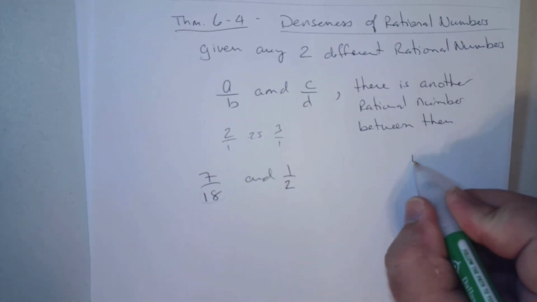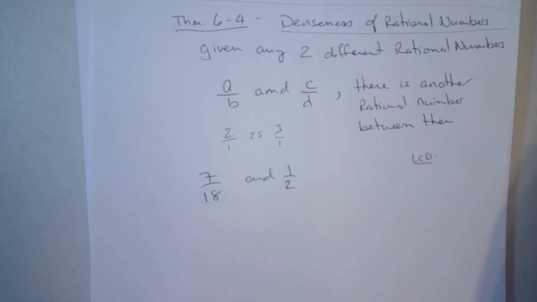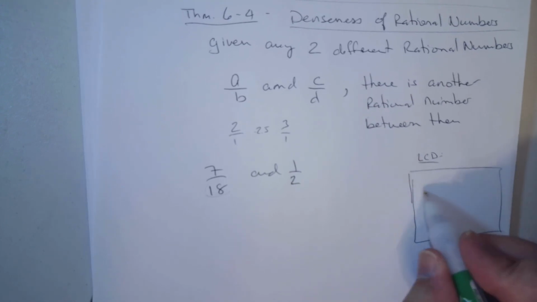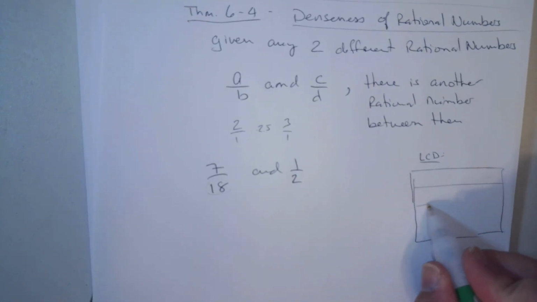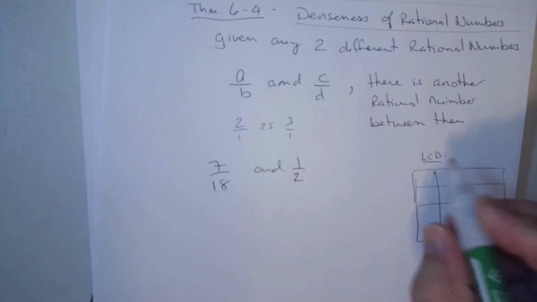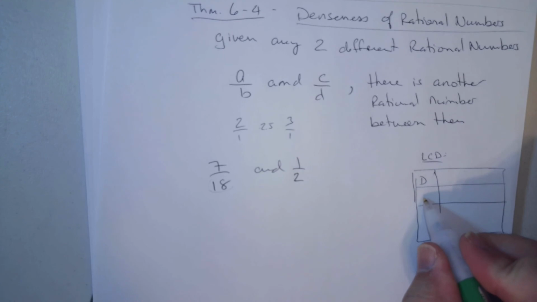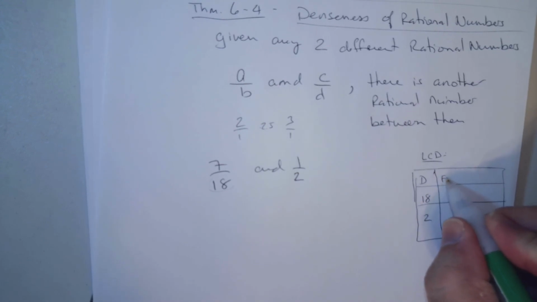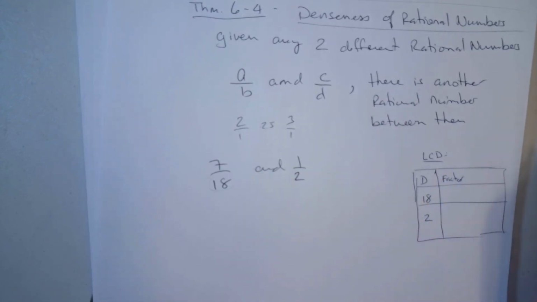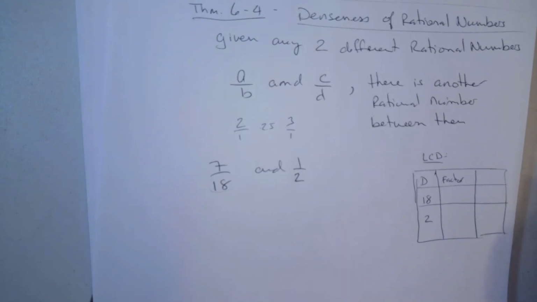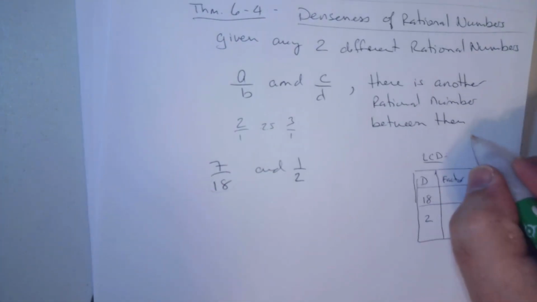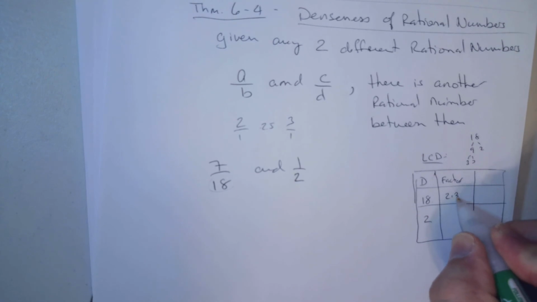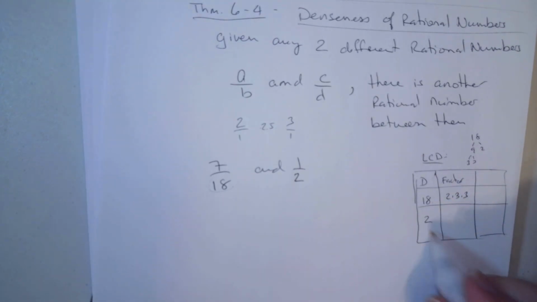So remember earlier we're looking for the least common denominator. And this is where the chart I showed y'all some time ago. This is your denominators. I got 18 and 2. These are my two denominators. I first factor them. 18 is made up of 9 times 2, so it's 2 times 3 times 3. 2 is just made up of 2.